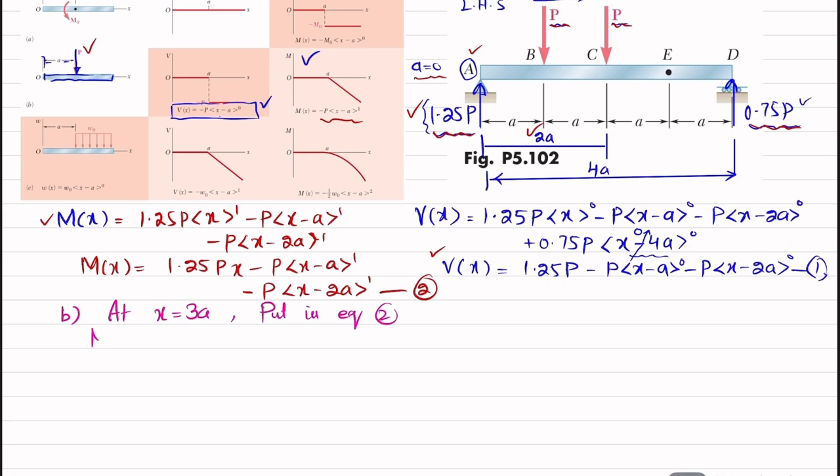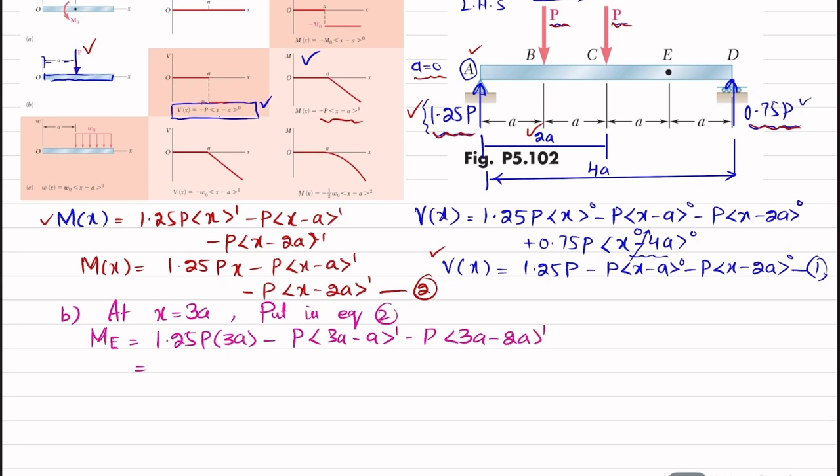So this moment about E will become equal to 1.25 times P multiplied by 3A minus P times 3A minus A power 1 minus P into 3A minus 2A power 1.